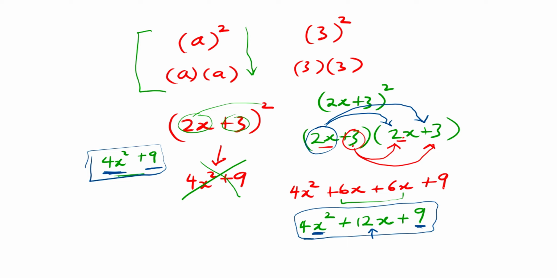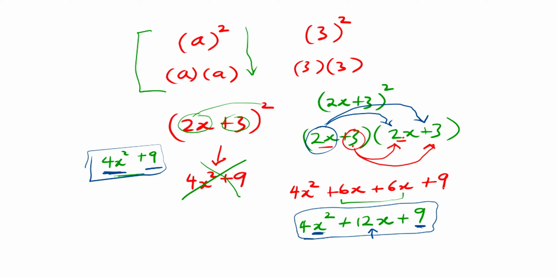So whenever we are expanding squares, you have an expression all squared. Just treat it like you have a simple number squared. It is that expression multiplying itself again with the same expression.